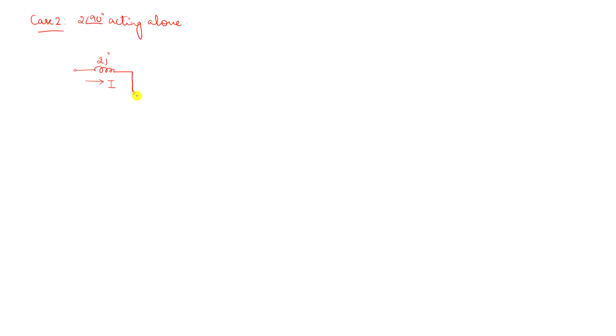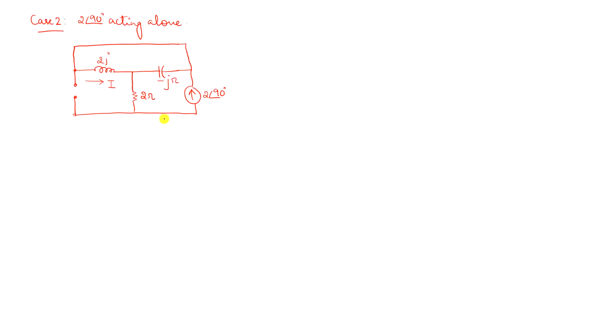Then I had a resistance of 2 ohms, capacitance whose value was minus j, and the current source, that is 2 angle 90 degree, and I'm supposed to make the other sources inoperative. Whenever you have a current source, it has to be made an open circuit, and the voltage source, when you make it inoperative, is supposed to be made a short circuit.